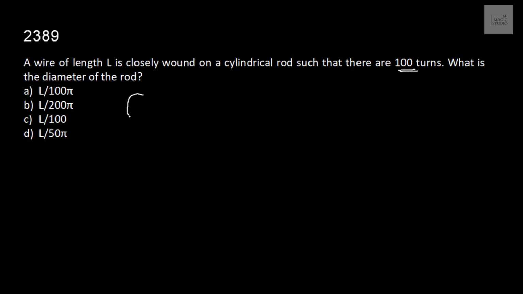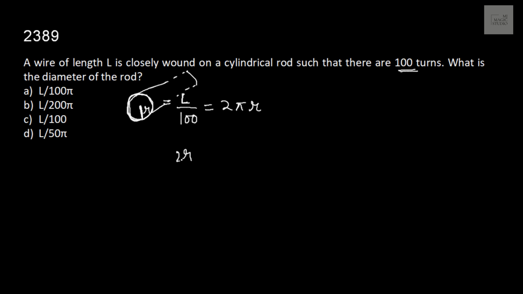That means one circumference on the rod is equal to L by 100, because there are 100 rounds on this rod. So one circumference would be L by 100, and that should be equal to 2 pi r. That is the circumference formula if the radius of this rod is r.